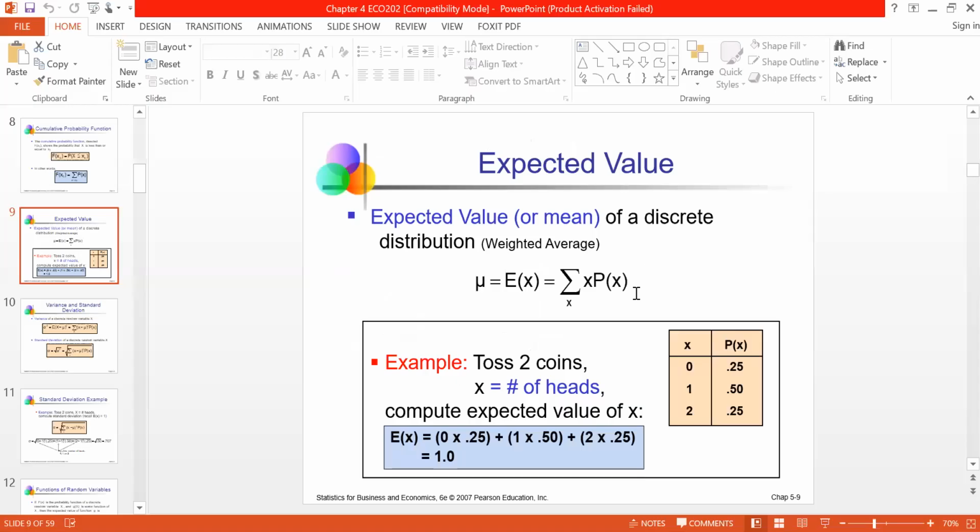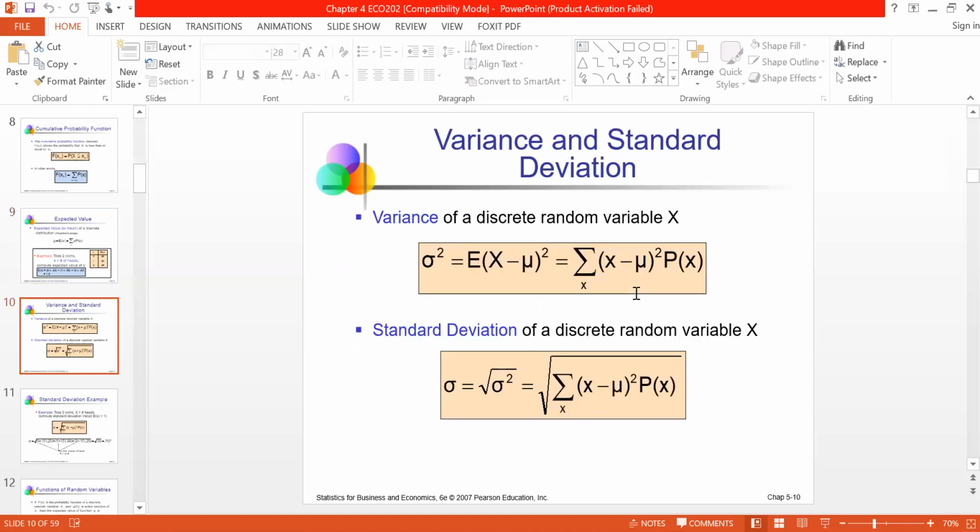All right, now I will talk about the next topic, which is variance and standard deviation of a discrete random variable. The formula for variance is written here. The notation is sigma square. So this notation is called sigma and you have a square. Sigma square is the notation for variance and the formula is summation of x minus mu whole square times probability of x.